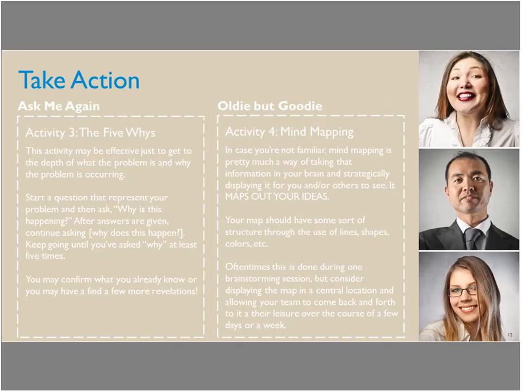Some other activities are root cause analysis, right? Something that you may have done as part of a Kaizen event or Six Sigma, but you can do that for ideation as well, for learning experiences. You can say, okay, we have this problem. Why is it happening? And then, okay, why is that happening?